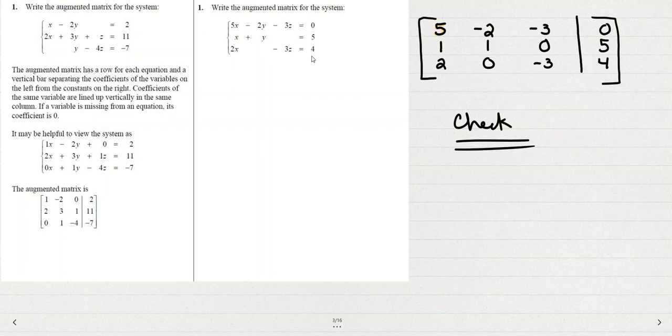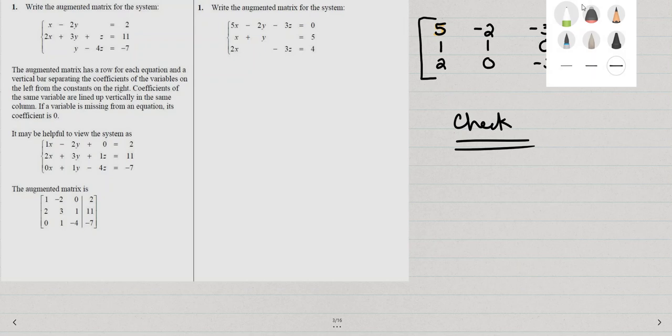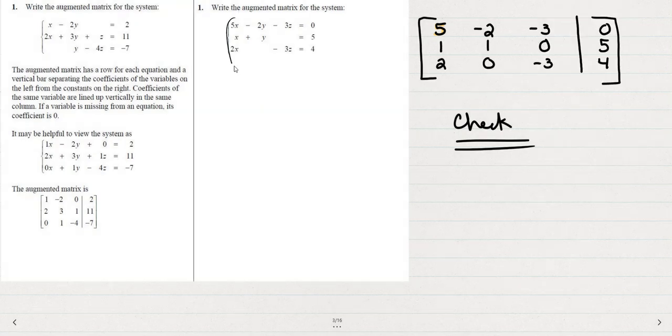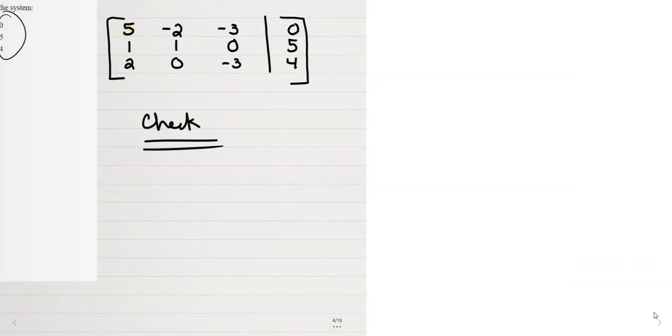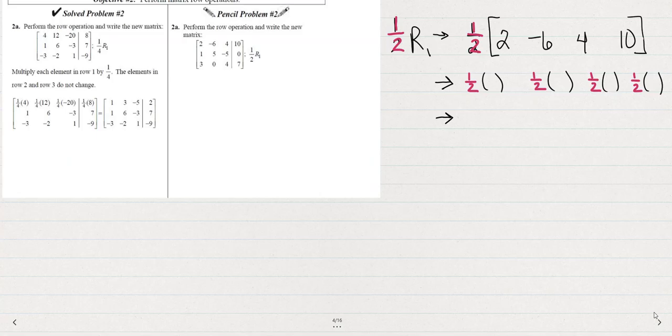And also check to make sure that your variables are in order. Notice that this was set up with all the x's, then the y's, then the z's, and it was all solved for a constant. So that's how we can be certain that we're not making some critical error that's going to send us into a big problem.